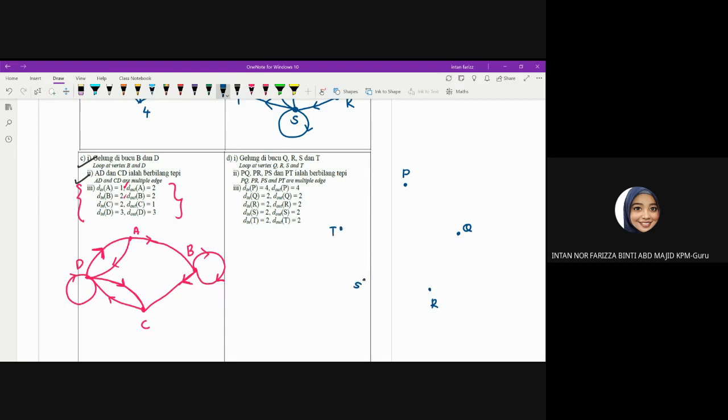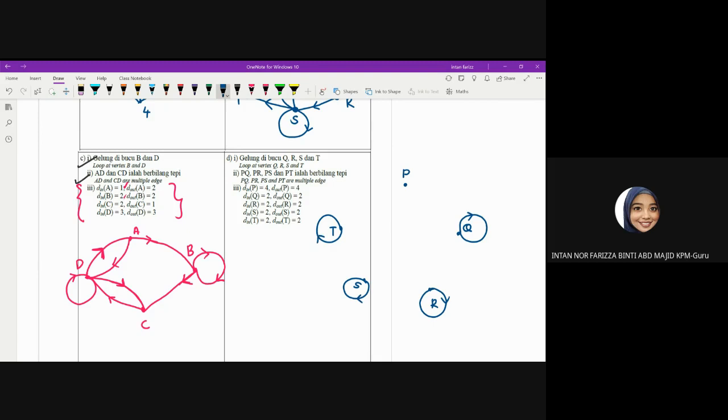Okay, we're going to have loops at Q, R, S, T. And straight away do the arrow because this is a directed graph.